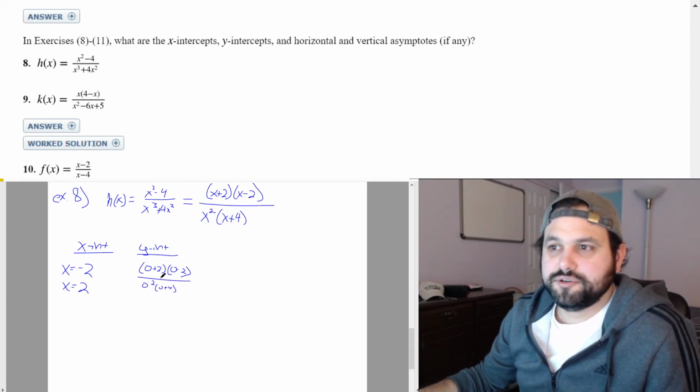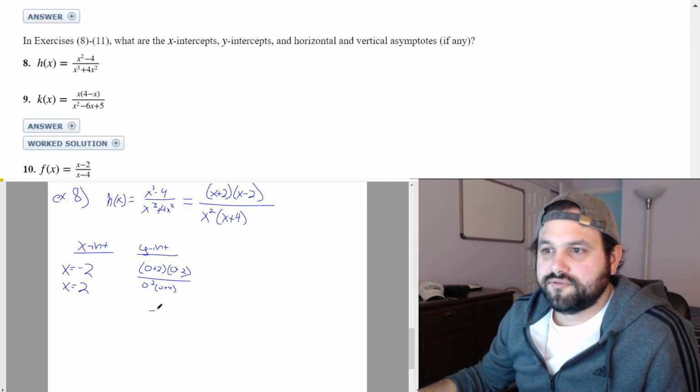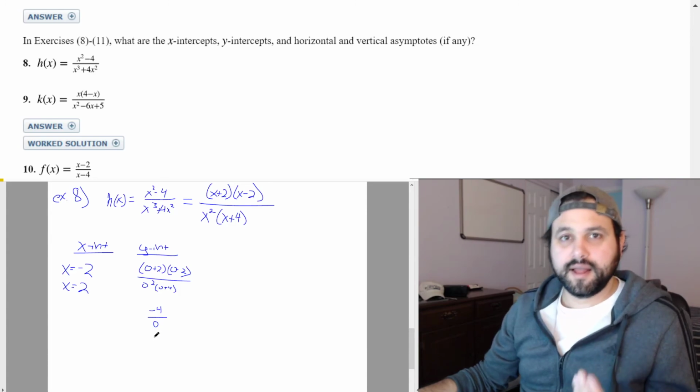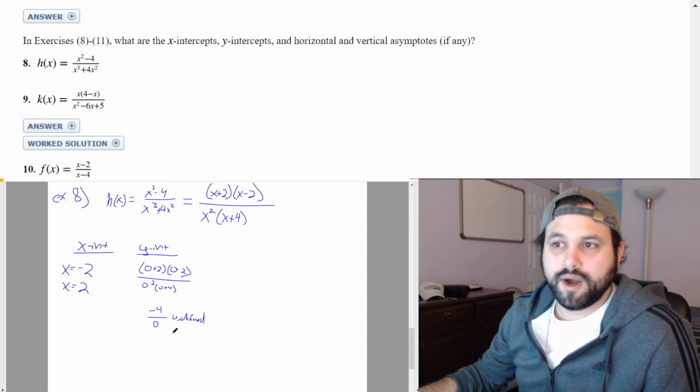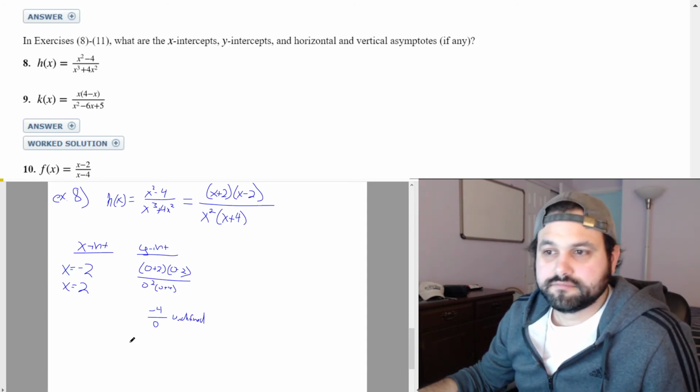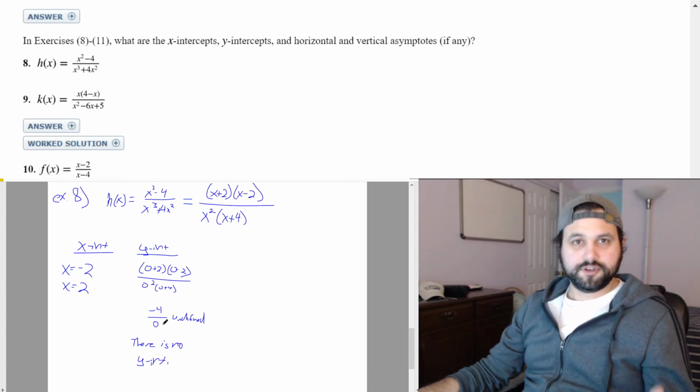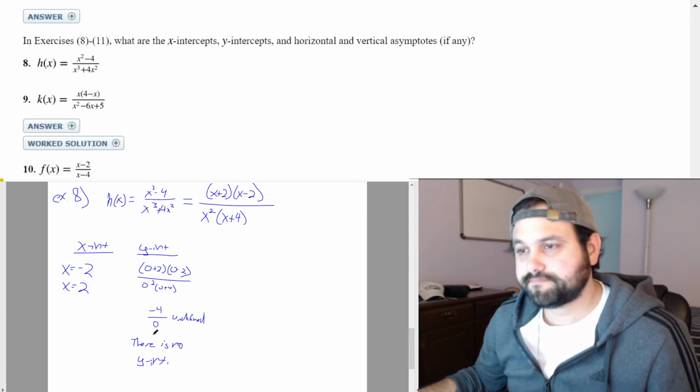And that's going to reduce to negative 4 over 0. And that's undefined, right? And so the y-intercept, there is none. There is no y-intercept because when you plug 0 in, it's undefined.